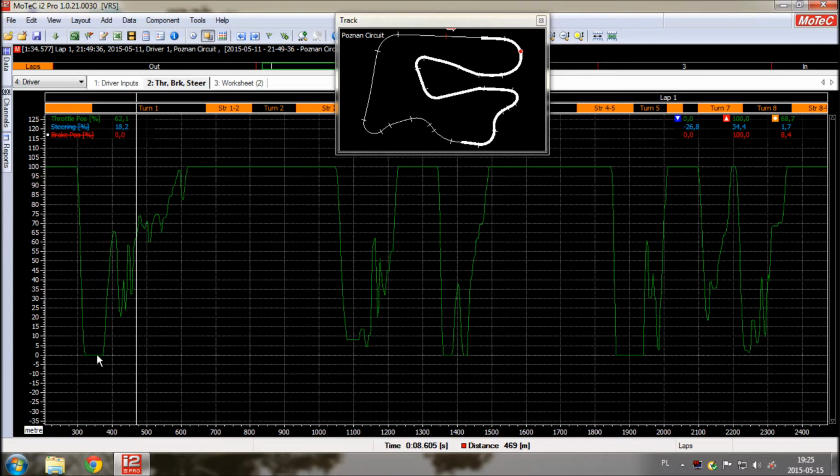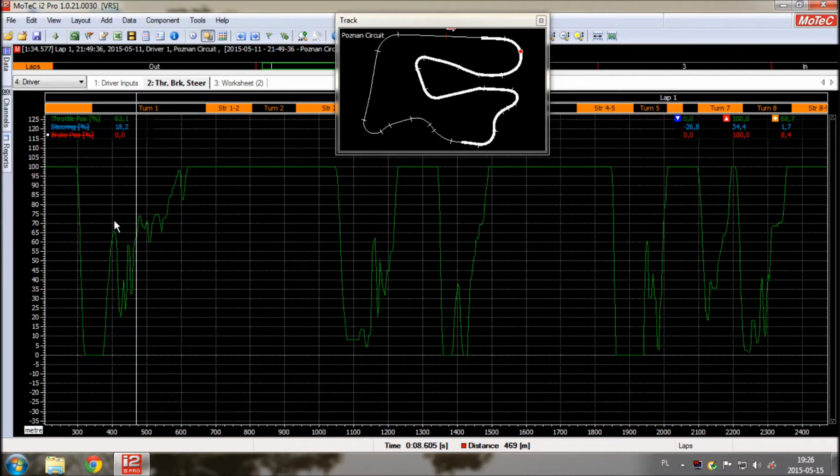So when the graph goes up, it should always go up to 100%. The rate or the speed, how fast it goes, is the secondary thing, because the quicker you apply full throttle, the better. But as I said, the general rule of thumb is when you start applying the throttle, make sure you will use all of the throttle.